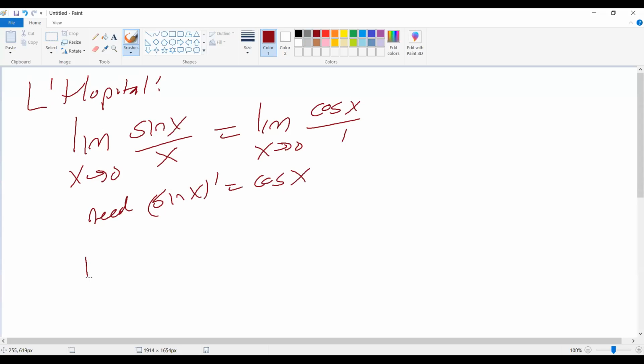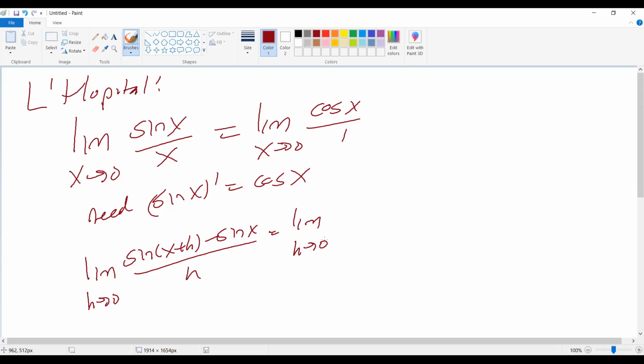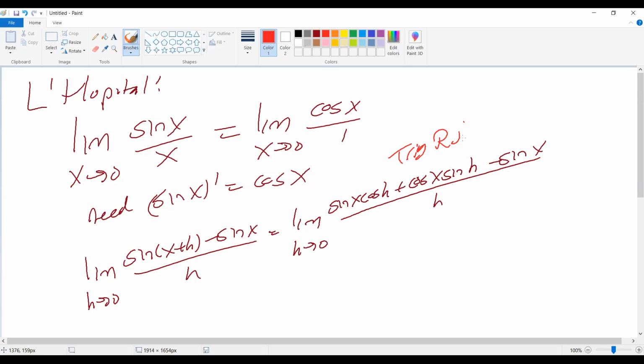And the way you find this is the limit as h goes to 0 of sine of x plus h minus sine of x over h. I can write sine of x plus h as sine x cosine h plus cosine x sine h, minus sine x, over h. And for this, I'm just using trig rules. Okay, but how do we know we can do that? That you can prove elementarily.